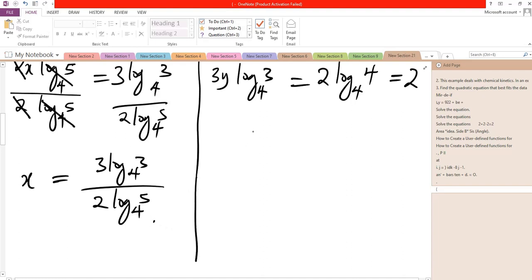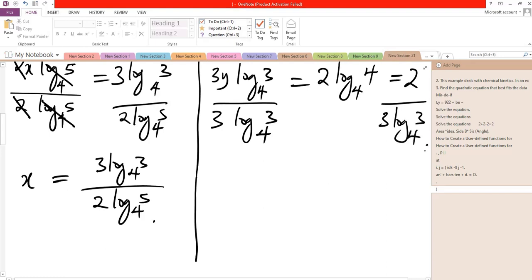Then our y: to isolate y, we divide both sides by 3 log 3 base 4. So the 3 will cancel out the 3, and log 3 base 4 will cancel out log 3 base 4.